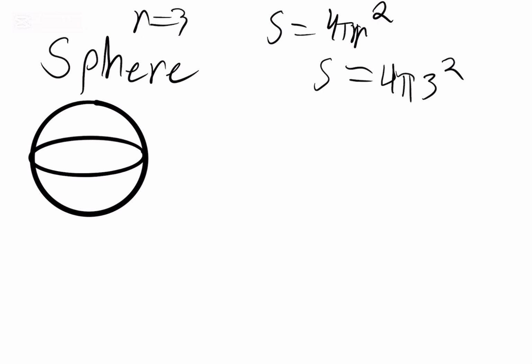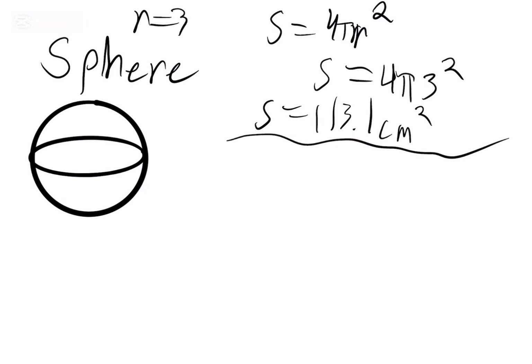So, using our radius of 3, surface area equals 113.1 centimeters squared. That is how we find surface area.